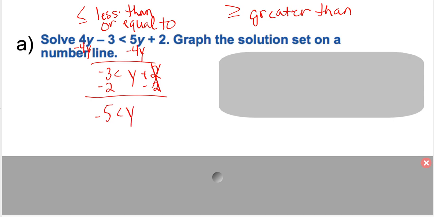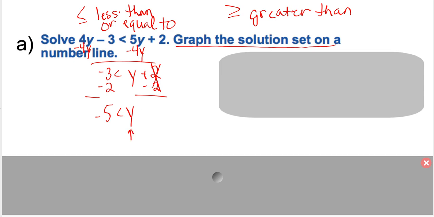Now, something like this, we're going to graph these as well, okay, where it says graph the solution set on a number line. So a lot of the times, your teacher tells you to follow the arrow. Well, if I have it written like this, and I follow the arrow, it's going to be wrong, okay? So the best way to write these is always with the variable on the left, because whenever you read it, you read it from the variable.